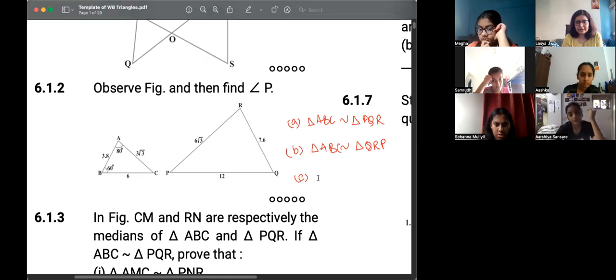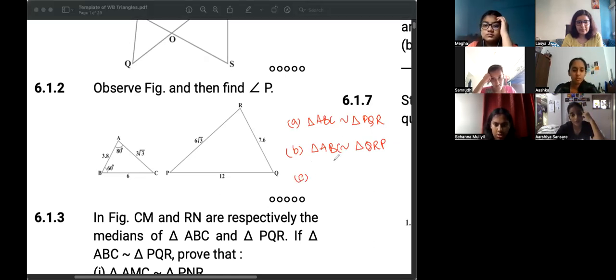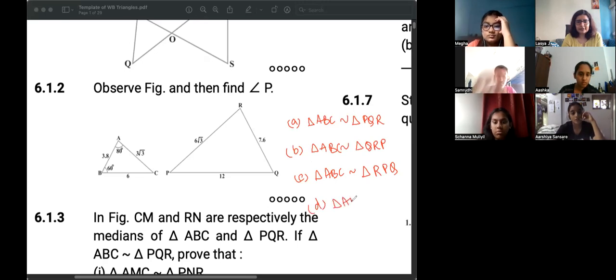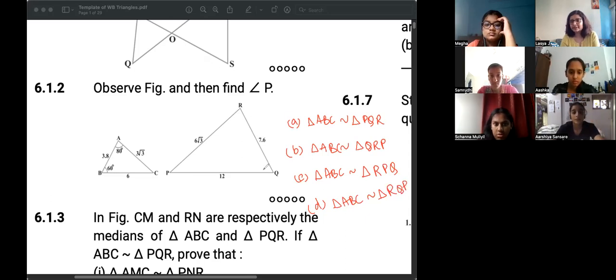Option C is triangle ABC similar to triangle RPQ. Or option D, triangle ABC similar to triangle RQP. So which similarity will be correct, or are all of them right?